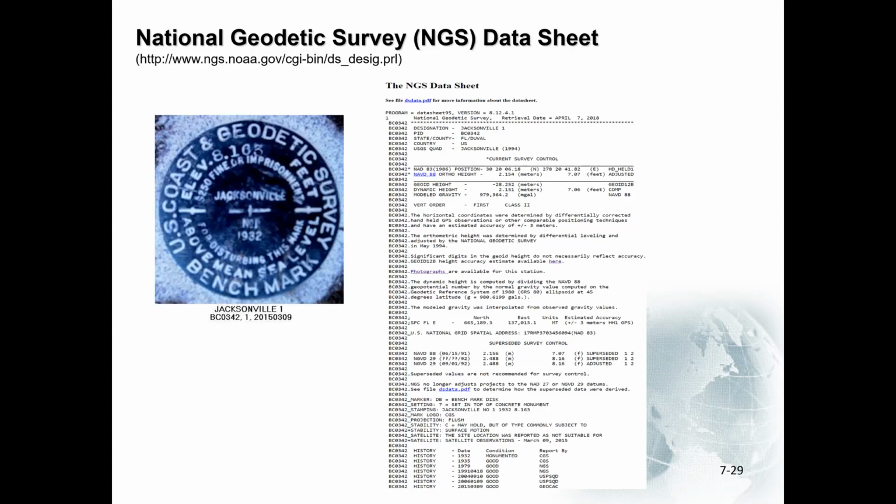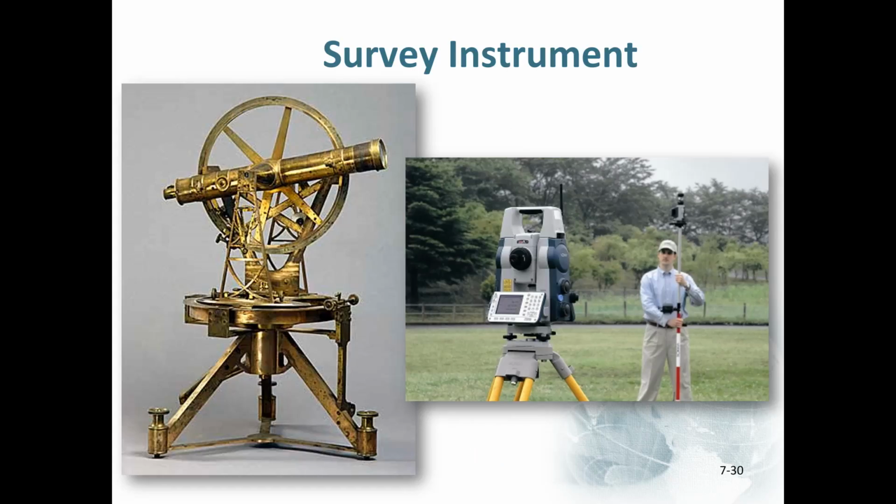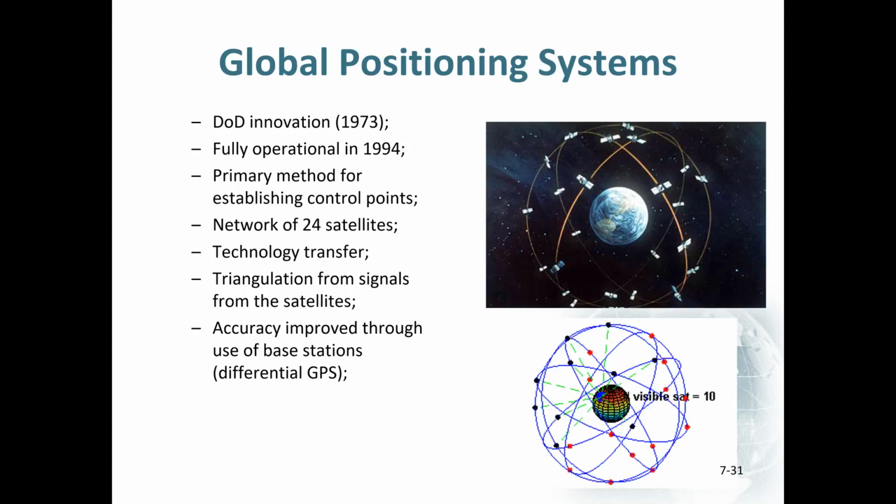Here is how some of the benchmarks were set up in each city and in different kinds of locations, and NOAA will always provide those current survey control measurements for you. Survey instruments are used in the same way that we use GPS receivers to collect longitude and latitude data to create new vector features.